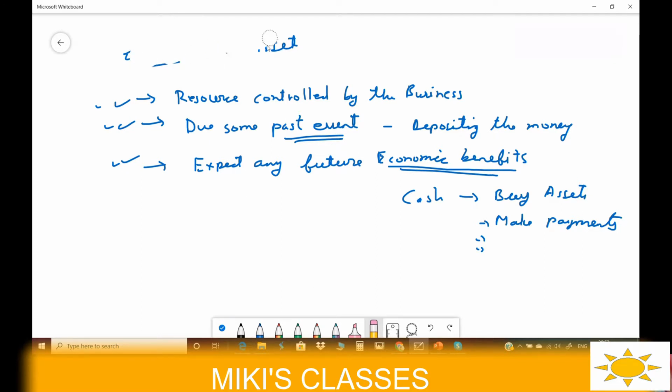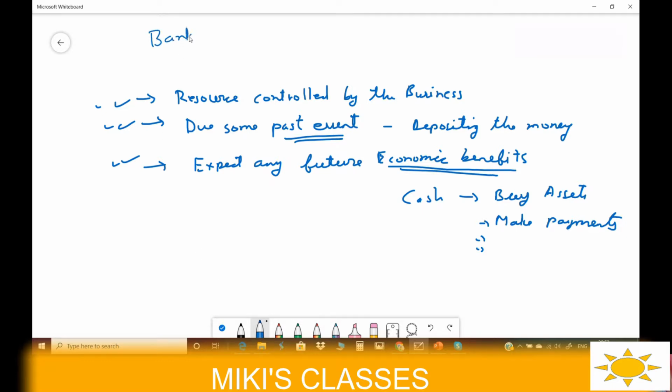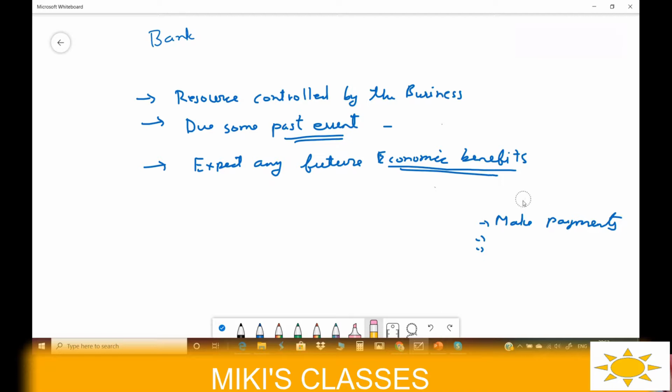Now let us check which is the other account which is involved in the transaction. So the other account which is involved in the transaction is bank. Correct? The other account is bank, isn't it? So let us check if bank also fits the category of an asset.